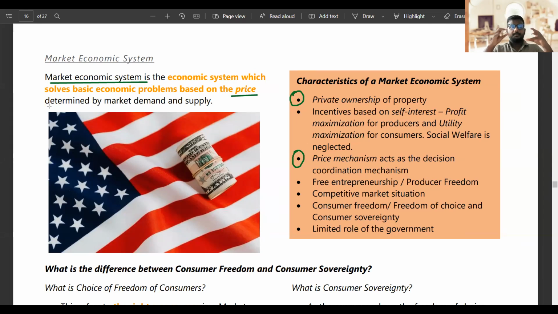So again, market economic system is a classification of economic system based on decision coordinating mechanism, where if an economy has price mechanism as the decision coordinating mechanism, that economic system is called market economic system.